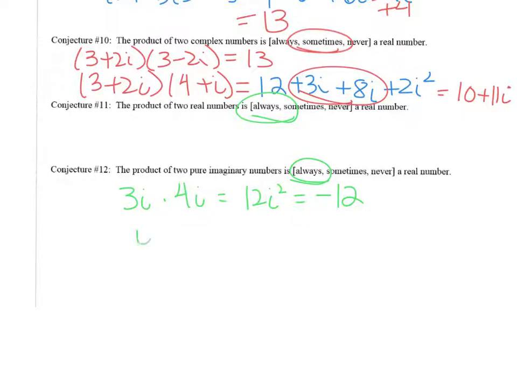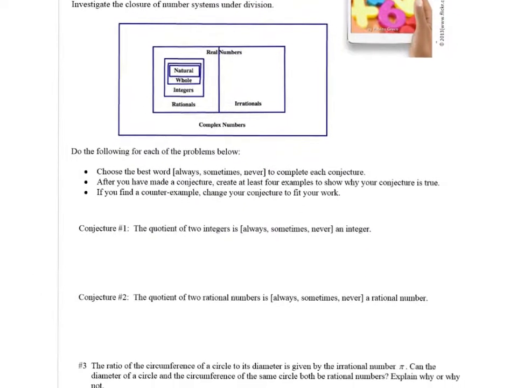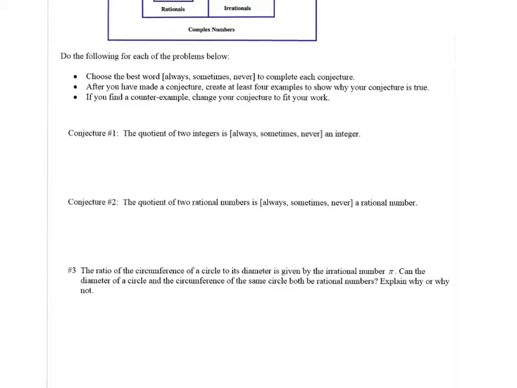Or something like i times i, which is i squared, which simplifies to negative 1. So that is why number 12 is always. One more page. Turn to page 53. And we are going to talk about division, quotient. So try numbers 1 and 2 and 3. We'll pause the video and give you about 5 minutes to do them.